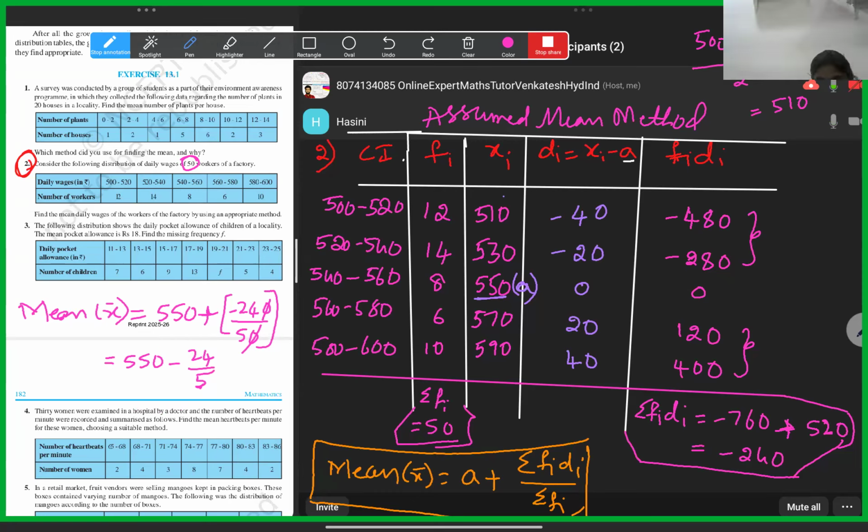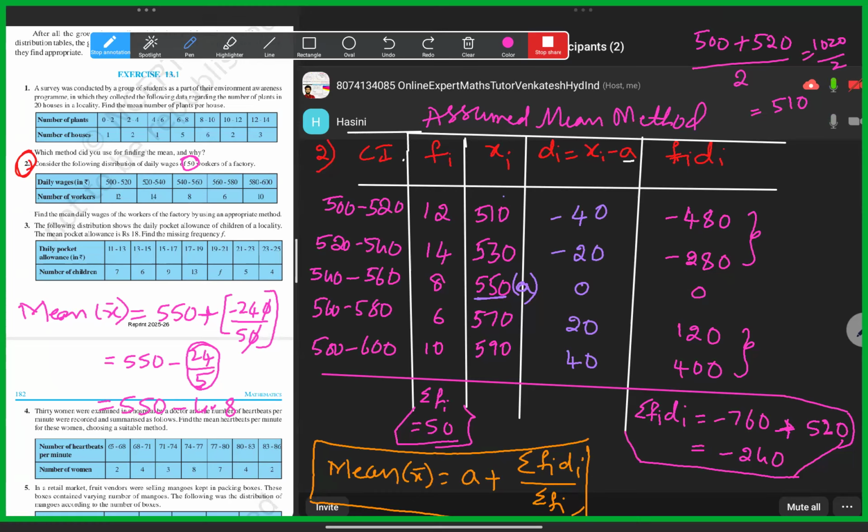So what is 24 divided by 5? It is 4.8. Now we'll just subtract 550 minus 4.8.